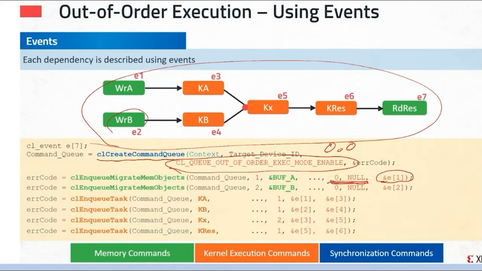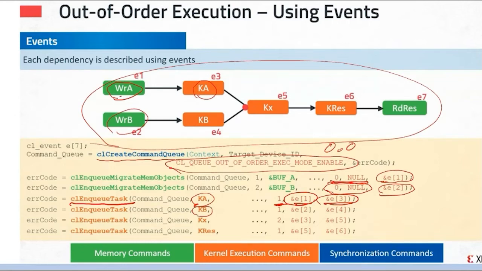For the transfer of buffer B, it doesn't depend on any prior event, and after it finishes, it generates event 2. To execute kernel KA, data buffer A must be ready, so it depends on one event, E1, and it will generate the E3 event.